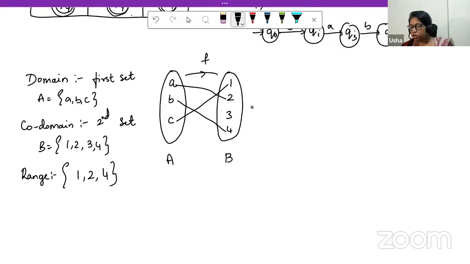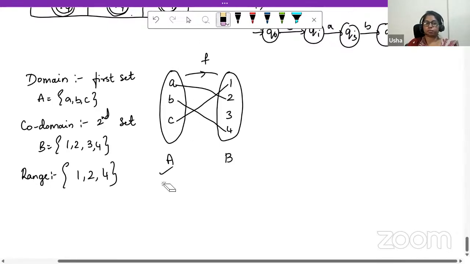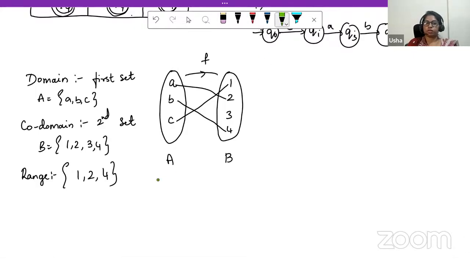Understood this, Shweta? Domain is the first set. This entire set is the codomain. Range is the elements of the second set which are taking part in the function. From the first set, everything should take part in the function. Otherwise, it is not at all a function.